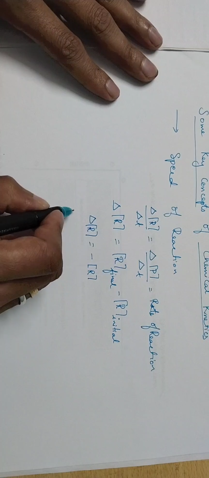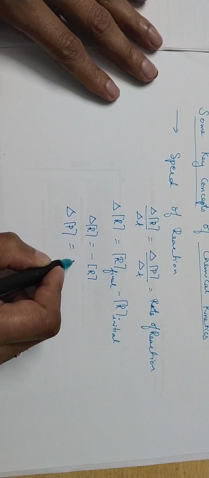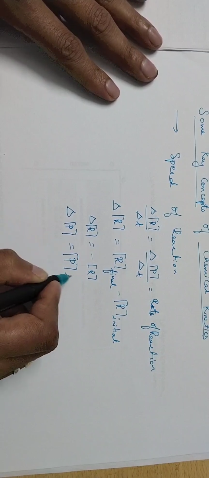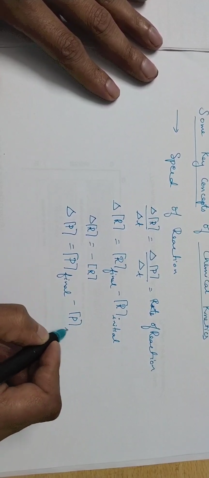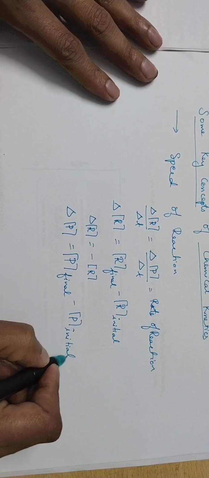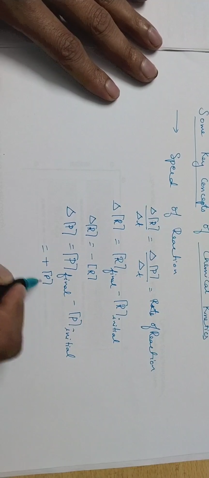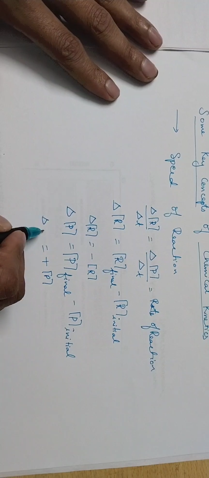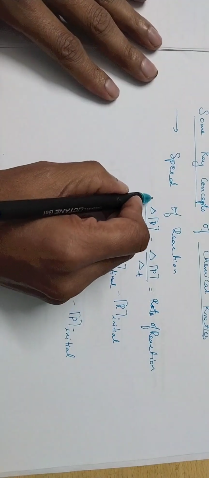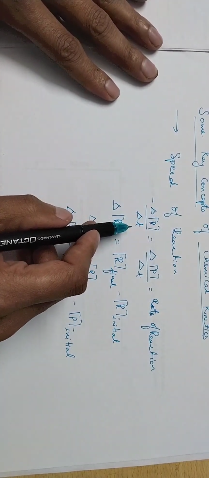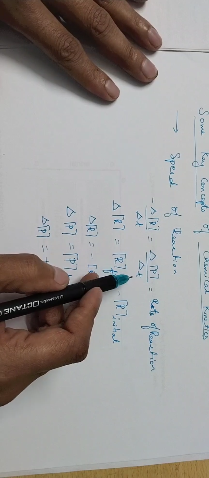For products, the change in the concentration of products is going to be the concentration of products final, which will be higher than the initial concentration of products, which gives us a positive value for the change in the concentration of products. So the rate of the reaction is actually minus delta R by delta T, because the reactant concentration is decreasing and the product concentration is increasing with the time.